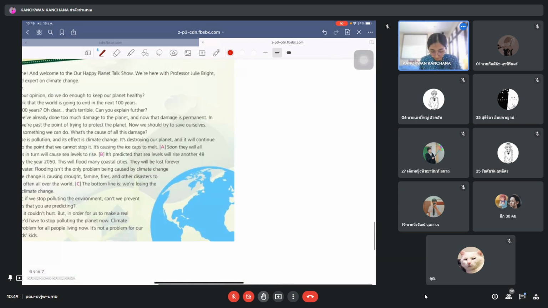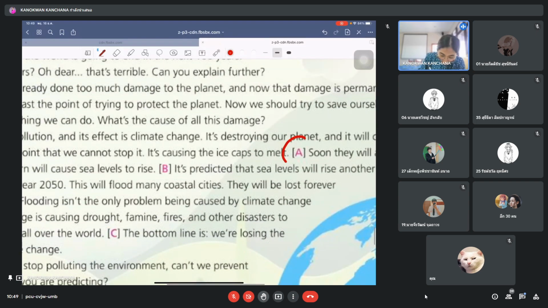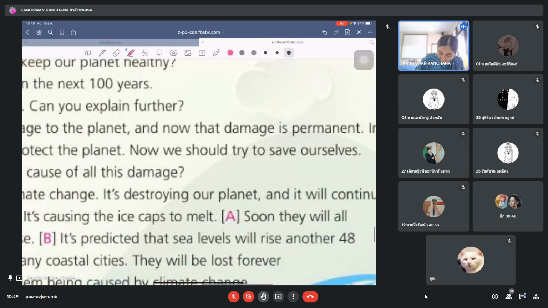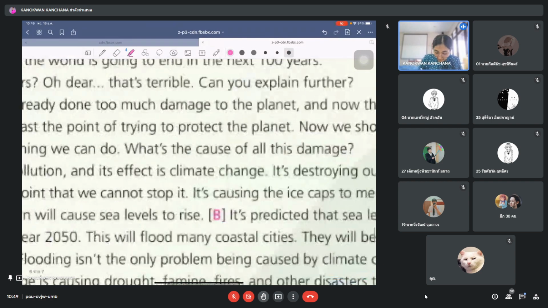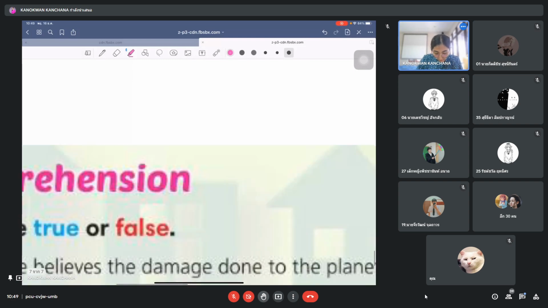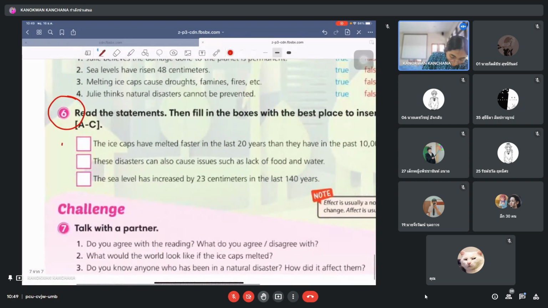You see from the script, A, B, and C. This is the page of your script, and there are missing sentences on A, B, and C. You are going to take these 1, 2, and 3 sentences to fill in and complete A, B, and C. So we're going to match A, B, and C with all these sentences.